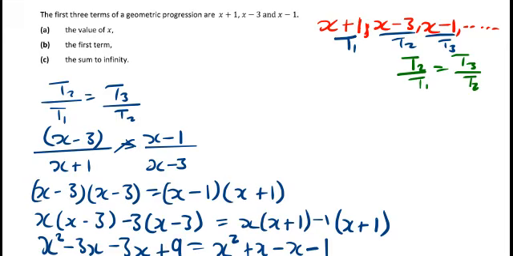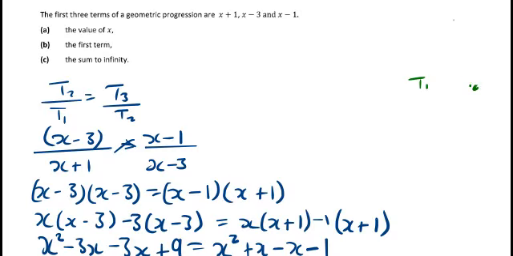And then what you do, you group the like terms, and whatever you can add, you're going to add. So as you can see, negative 3x minus 3x, what is it? So you are going to have x squared minus 6x plus 9 there, which will be equal to x squared, and then x minus x, that is what?